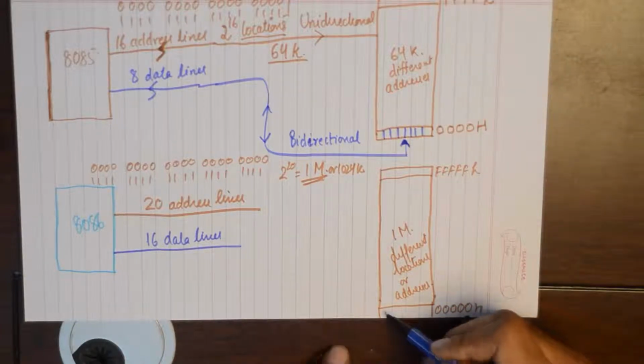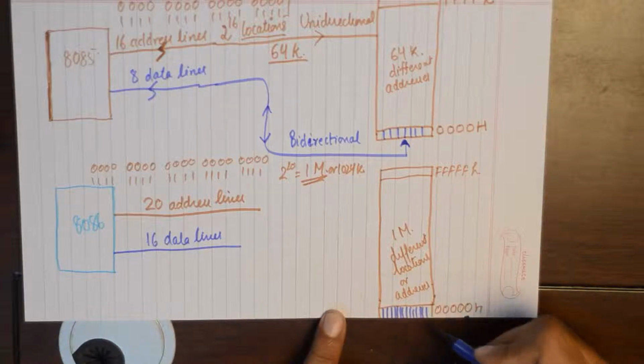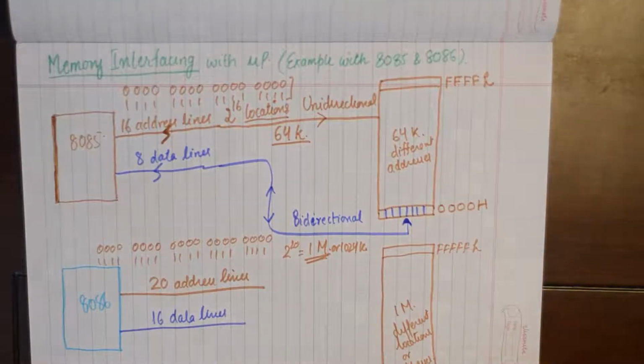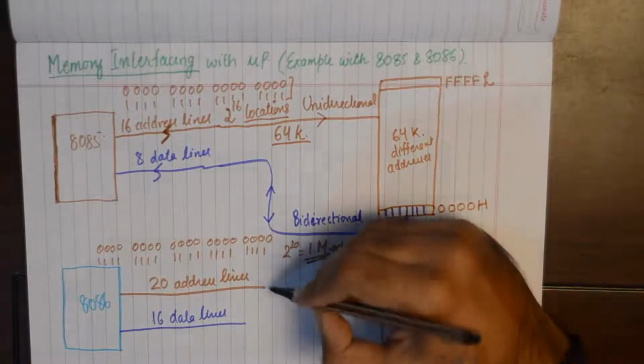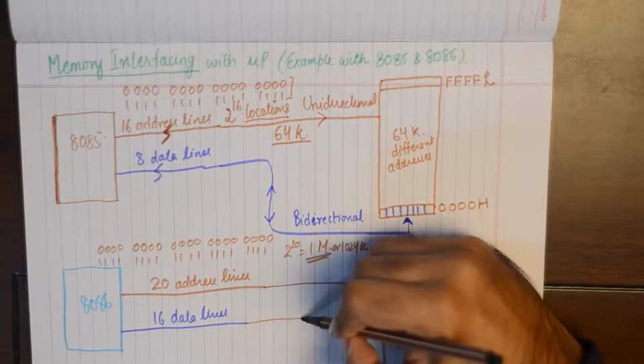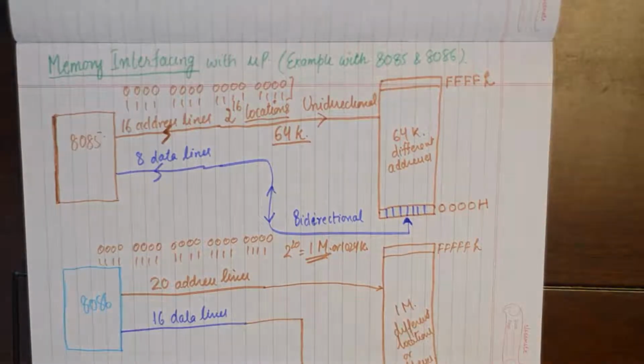Each of these registers can be 16-bit in size, and this microprocessor will be able to send those 16 bits of data directly into the registers of the memory.